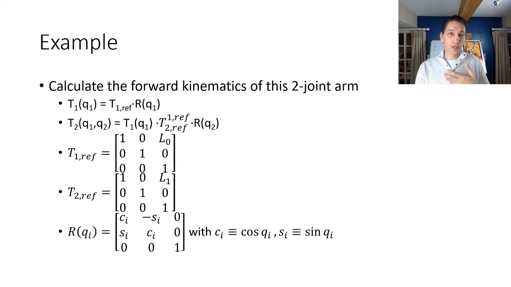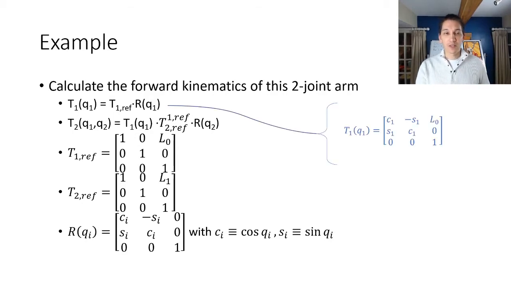If we calculate this whole thing out using symbols in place of these matrix entries, then we can see that T1 is going to be this matrix here, which has a rotation about Q1, and it also has this translation of L0 in the upper right corner.